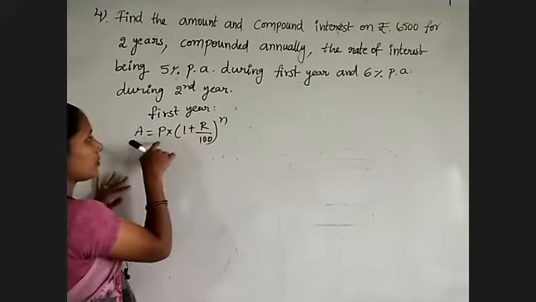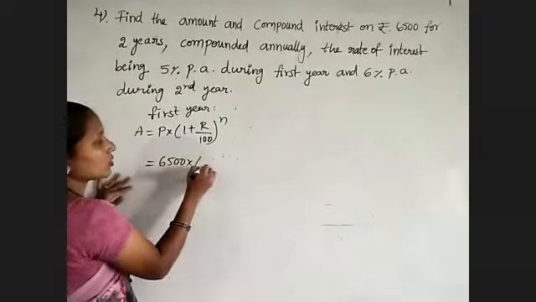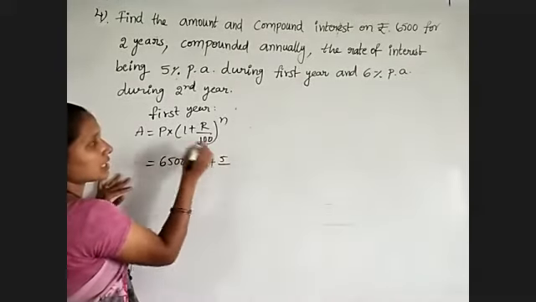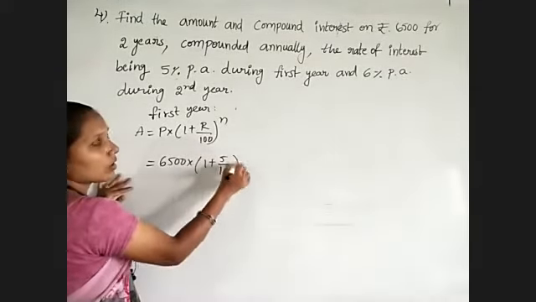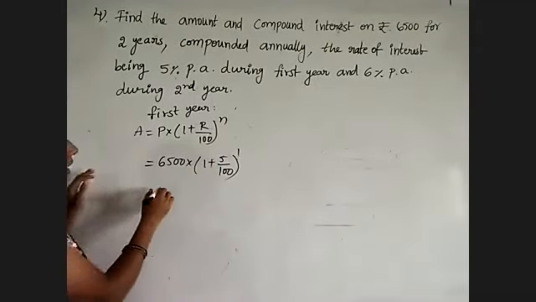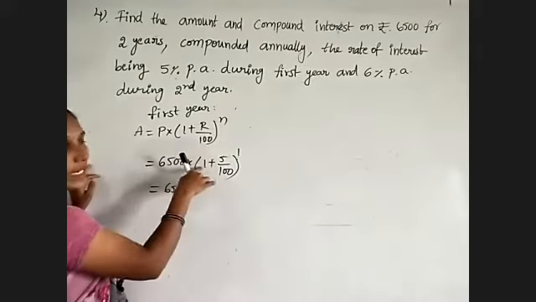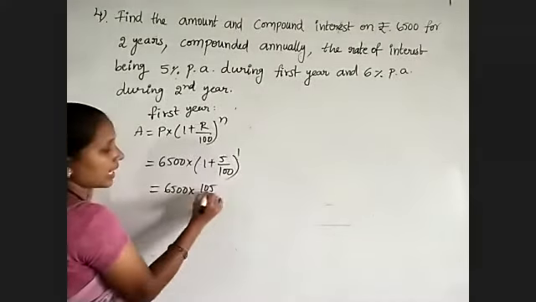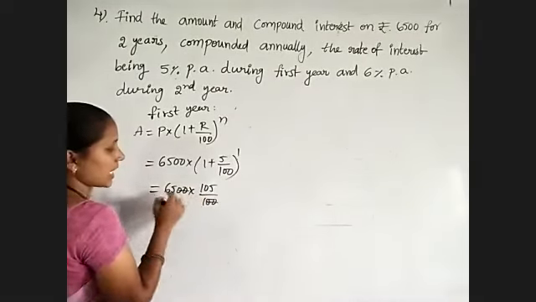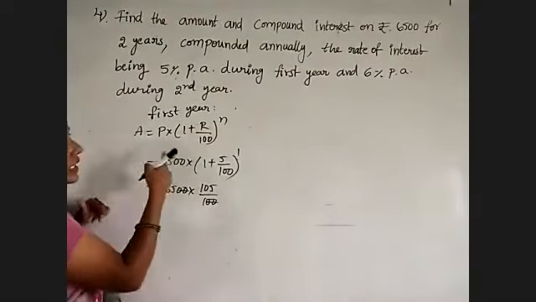Which is equal to principal 6,500 rupees into 1 plus rate of interest for first year 5%, whole to the power of n is 1. So which will be equal to 6,500 into 100 plus 5 is 105 by 100. 2 zeros will get cancelled. 65 into 105 is the amount he has to pay during the first year.